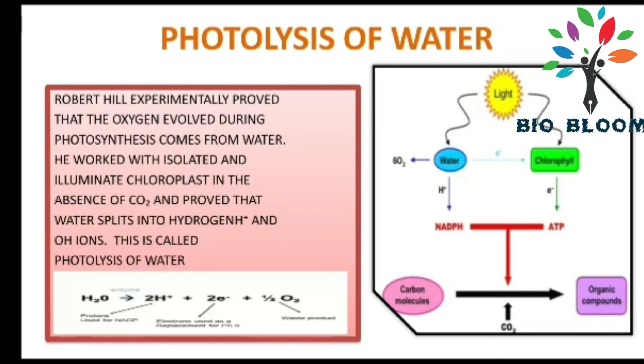So here you see the light, and in the presence of water the chlorophyll traps the light, it gets excited and it releases electron and protons from the water, and you see that from the water oxygen is released into the atmosphere, and two end products are there, ATP and NADPH. So these are the light reaction end products.